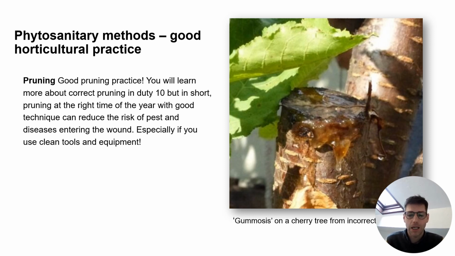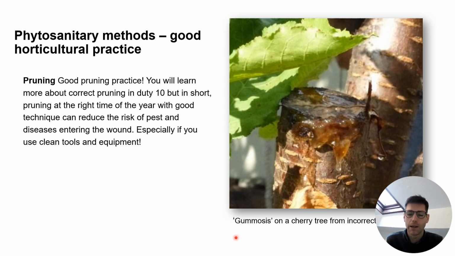Now you can see here on the right you've got what's called gummosis on a cherry tree, and this is from incorrect pruning. Cherries are pruned at certain times of the year, so June, July, August and September, and not pruning at the right time of the year can be quite serious for cherries, and they do get bacterial canker, silverleaf, among other pests and diseases from incorrect pruning and wrong time of the year.